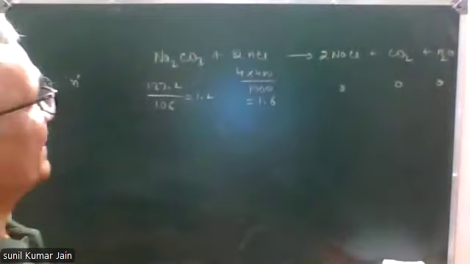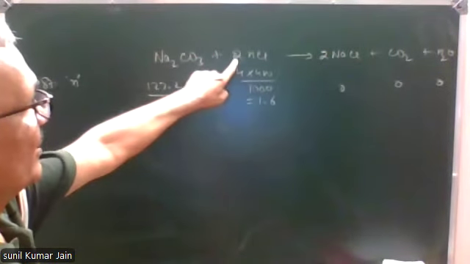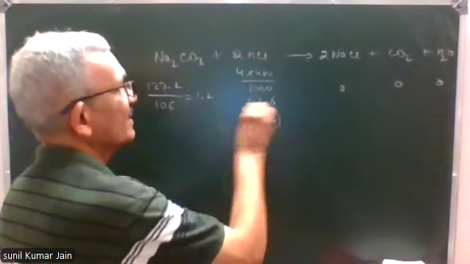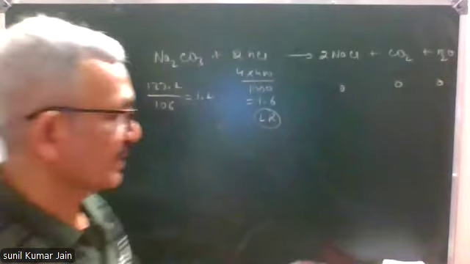In this case, limiting reagent: this divided by 2, this divided by 1. Limiting reagent is hydrochloric acid.